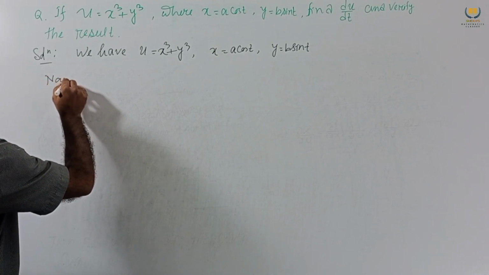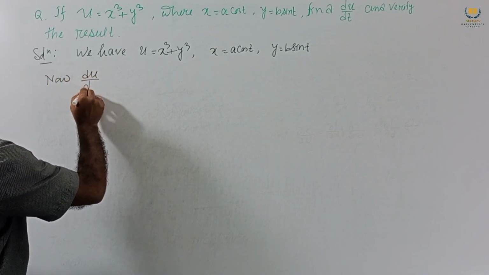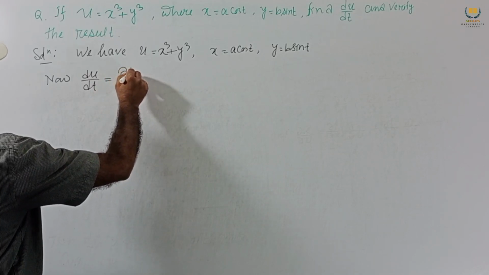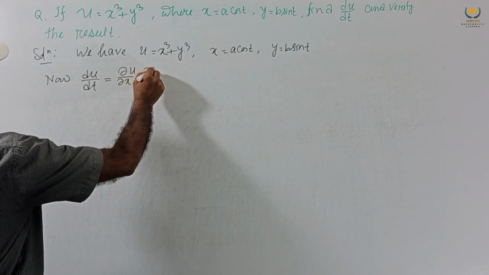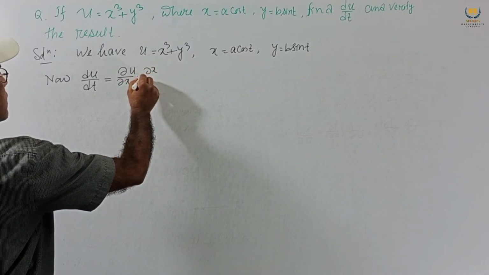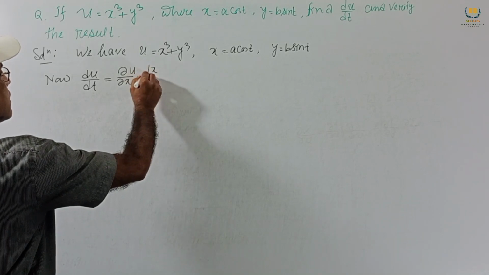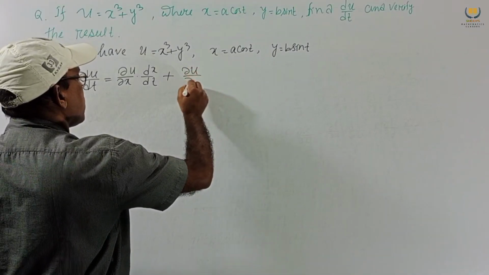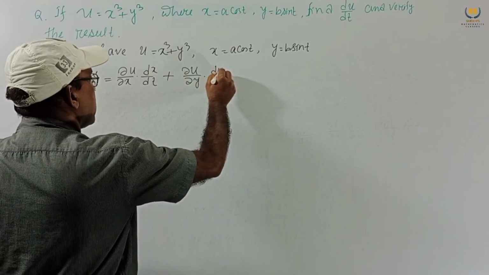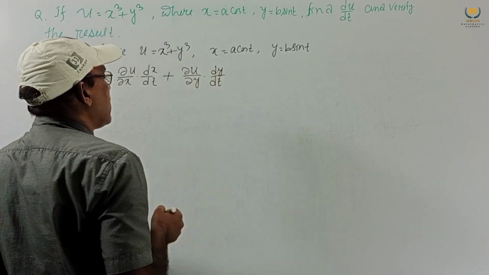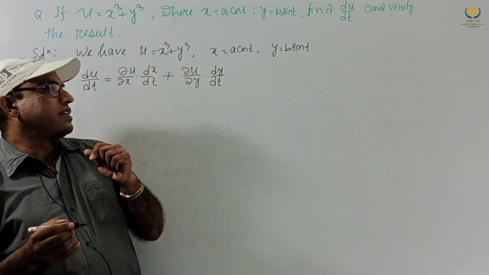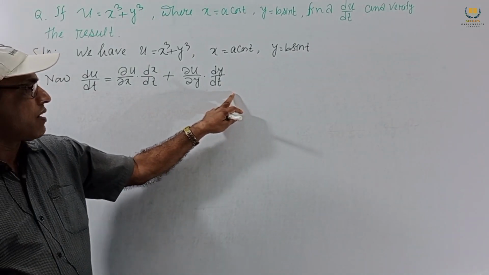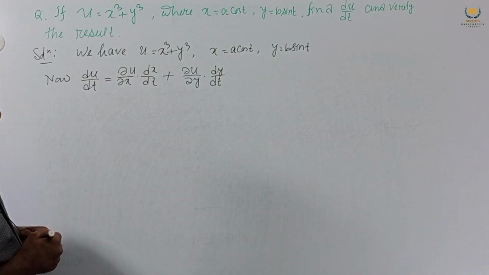du/dt can be written as del u by del x into dx/dt plus del u by del y into dy/dt. By using the previous first formula, we write this. So this is the second formula, formula number 2. Using this, we have to find this.